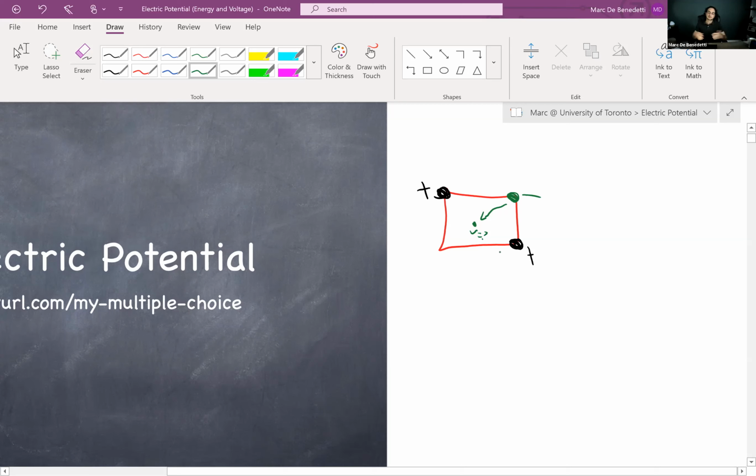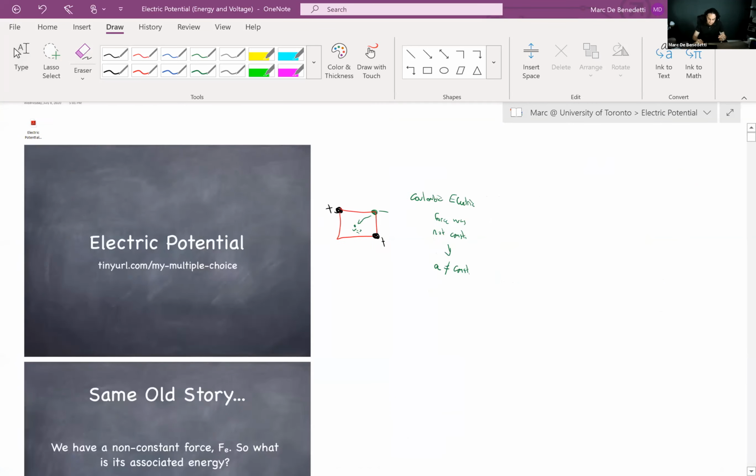And I set this problem up for you, and I illustrated that we were not able to do it using dynamics because the Coulombic electric force was not constant. And because it wasn't constant, this led to a non-constant acceleration. And if you have a non-constant acceleration, you were not able to use kinematics. So that's what motivates this discussion here.